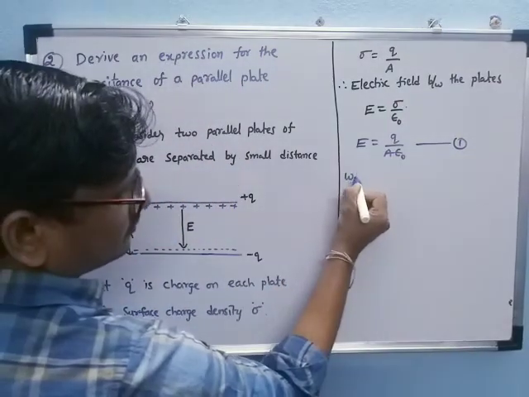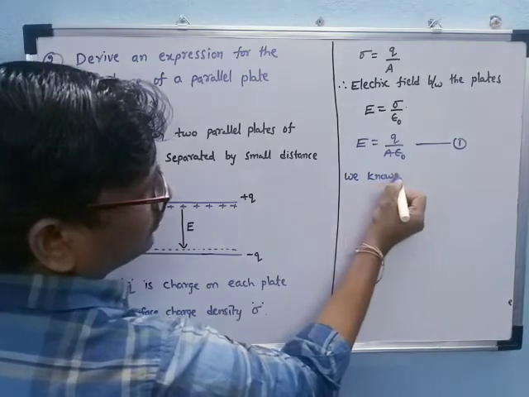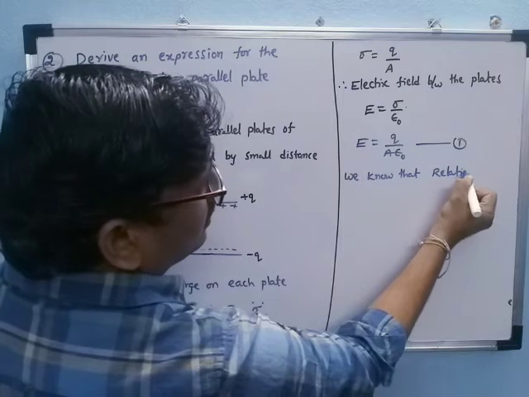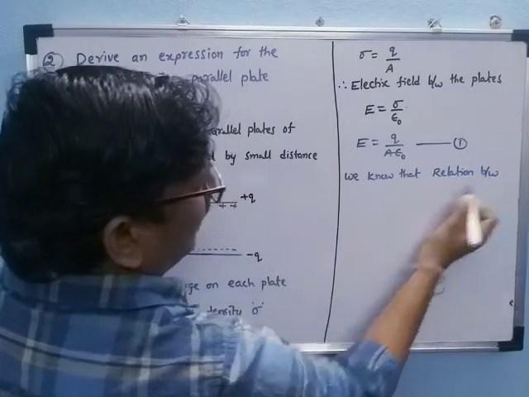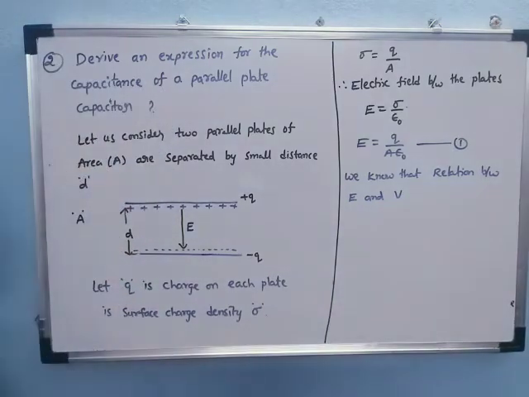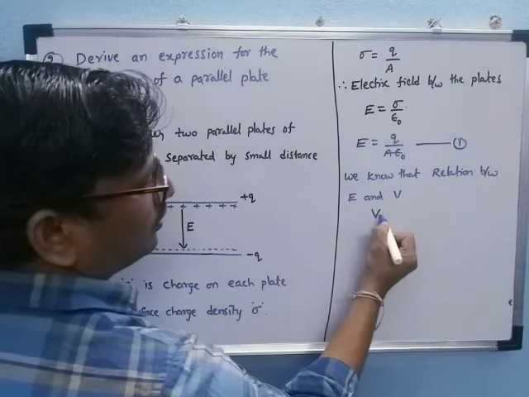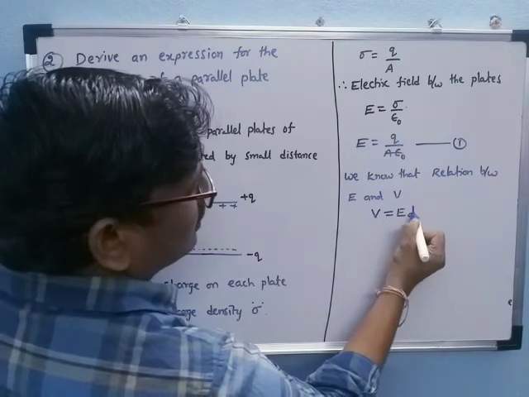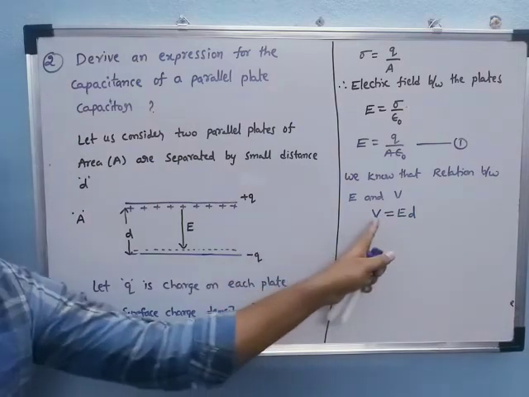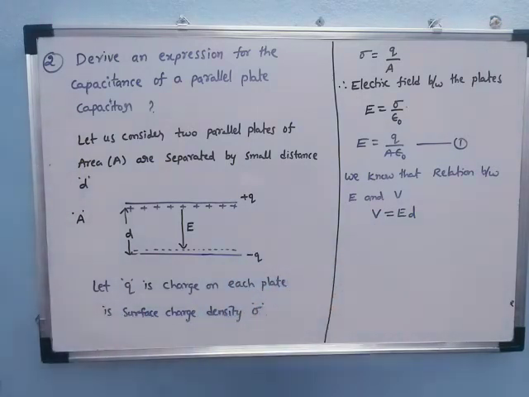We know the relation between electric field and potential: V is equal to E into d.